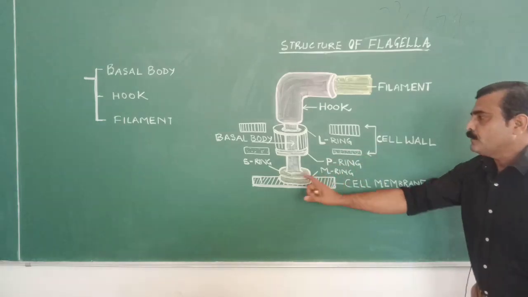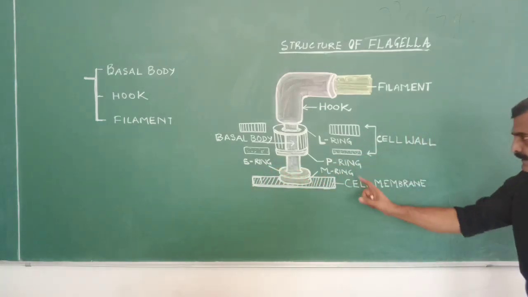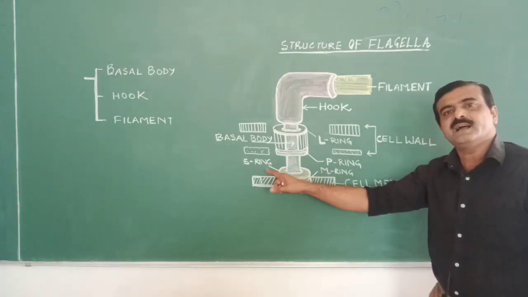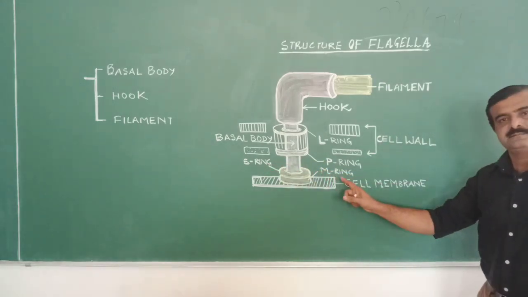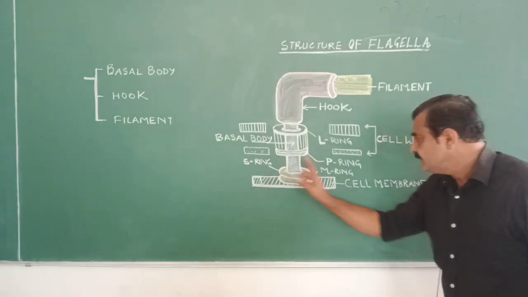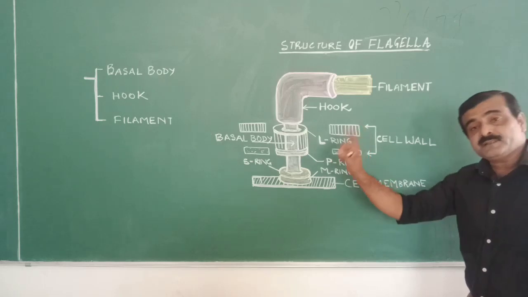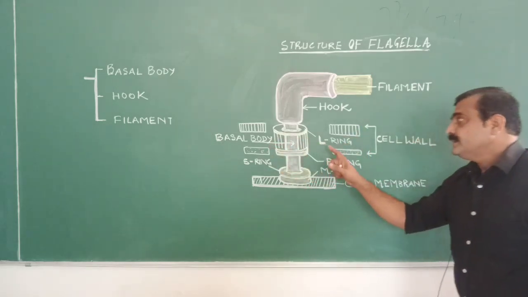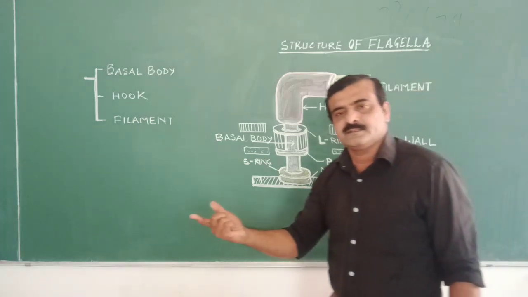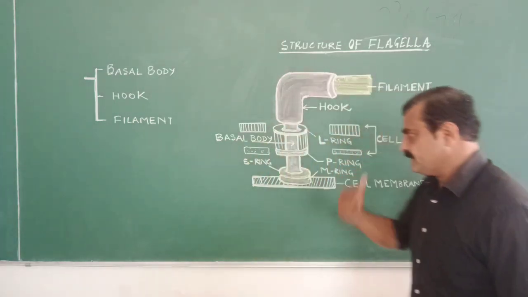Clear? Now, in case of inner ring pair, one ring is S ring and another ring is M ring. Name the rings of inner pair: S ring and M ring. Name the rings of outer pair: L ring and P ring. This is also the NEET question. क्लियर हुआ? देन आगे चलते हैं.